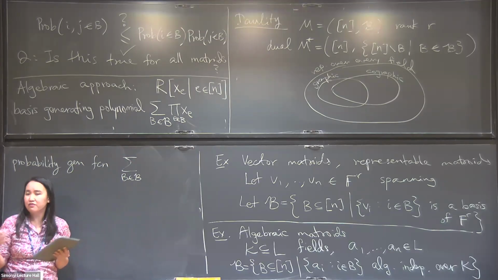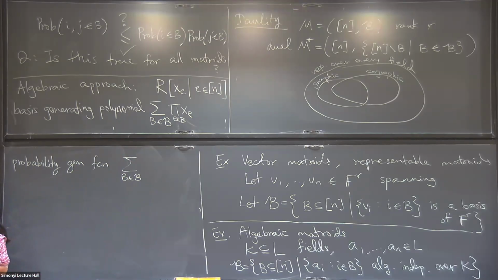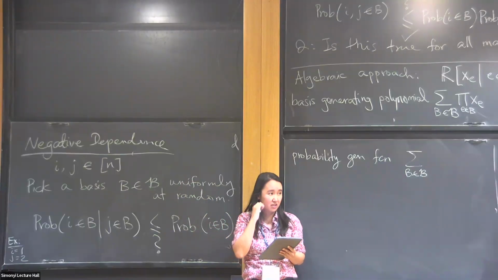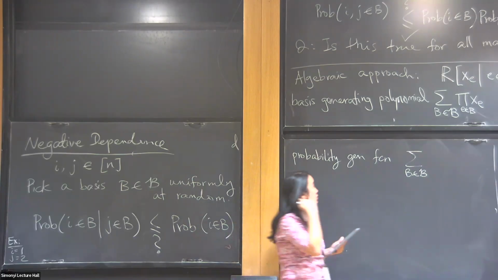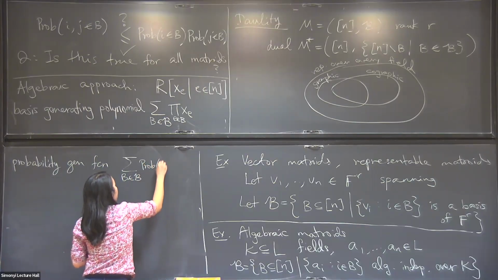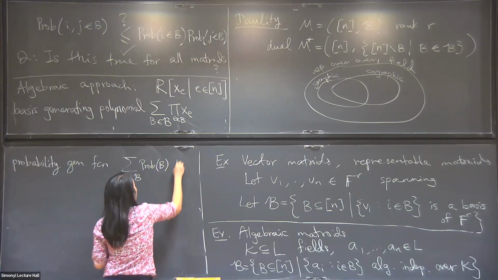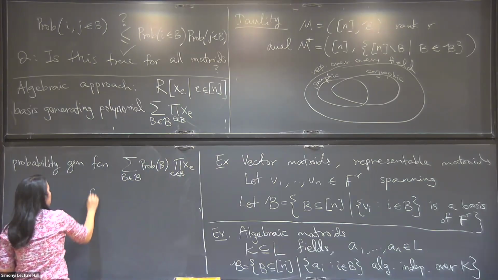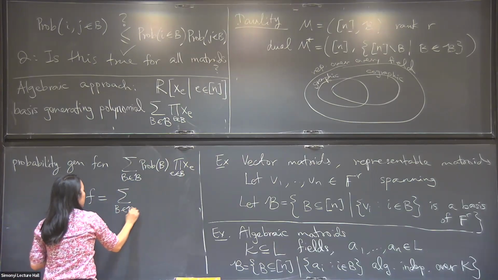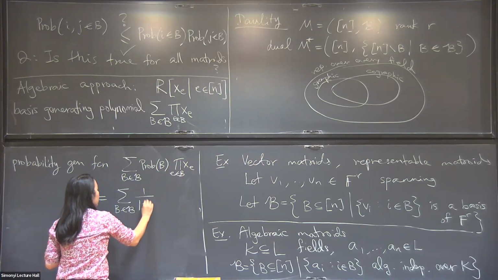So you can talk about the same question with a different probability distribution. But right now, for simplicity, I'm sticking to the uniform. In general, you can say the probability of that basis being chosen times the same monomial. In our case, this is just 1 over the number of bases.